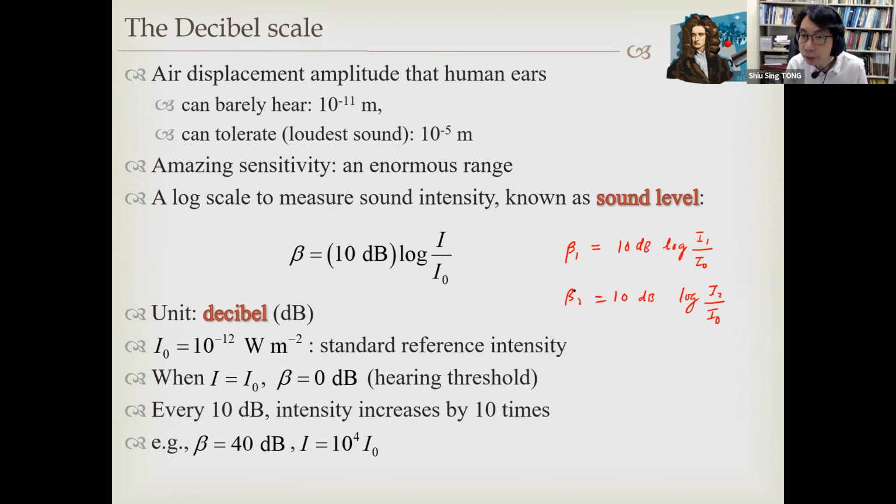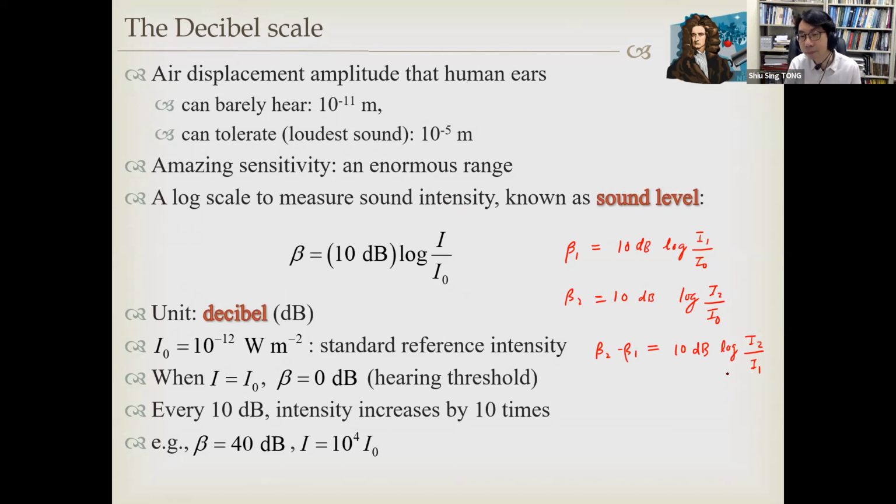So what is the difference between the two? If I2 is louder, then beta 2 minus beta 1 is what? The difference between the sound levels is equal to 10 decibel times log of I2 over I1, because when the two are subtracted, the I naught cancels. Okay.